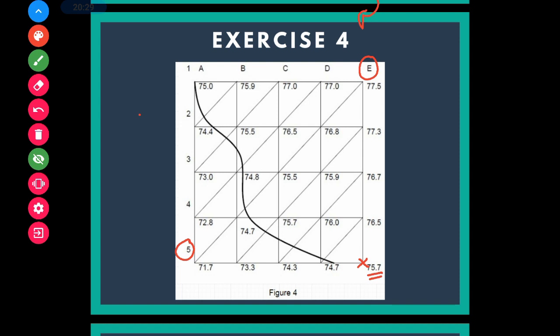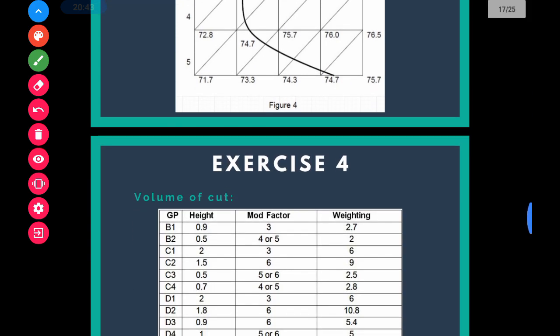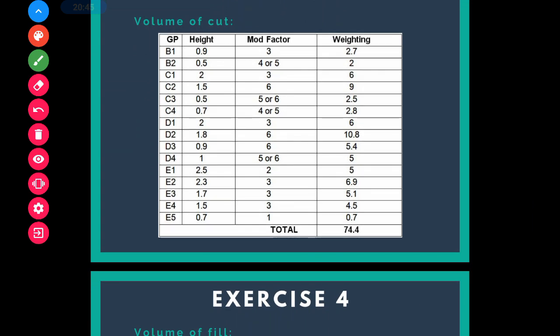The height will be 0.7 and the mode factor is only 1, because only one triangle touches this point. So we look at the solution. The mode factor is 1.